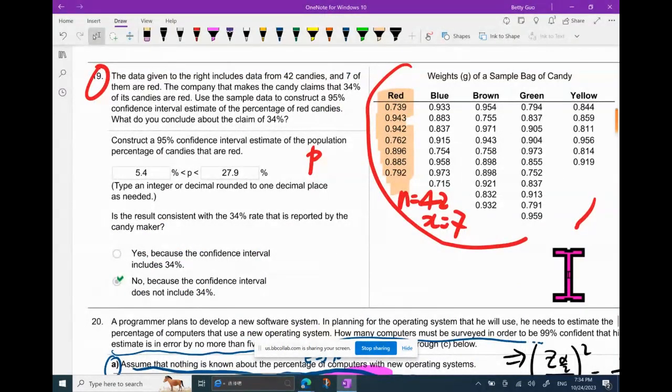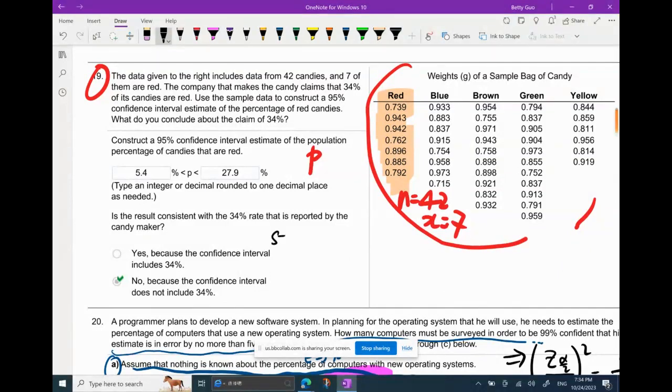Turn on the calculator. Let's go to stat and go to the right twice and highlight tests. In the menu of tests, we are going to select letter A, one proportion z interval. Let me write down the process.